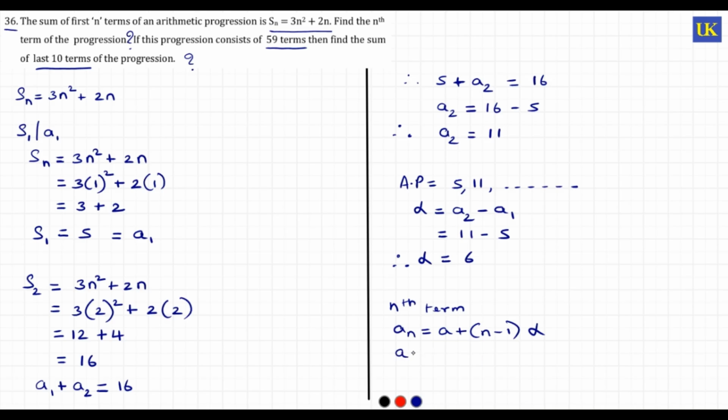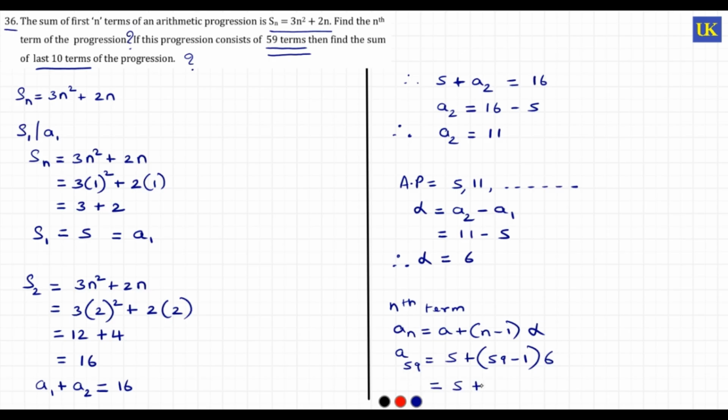Now they have asked us to find that, assuming that there are 59 terms. So we will take an as a59. A value is 5. We know this. We have found out here 5. N is 59 minus 1 and d value is 6.